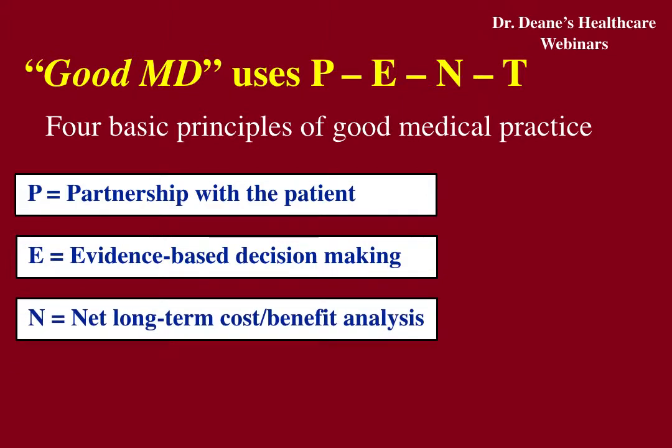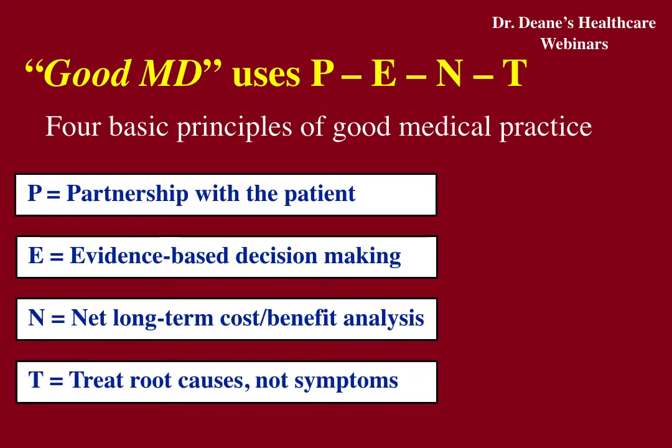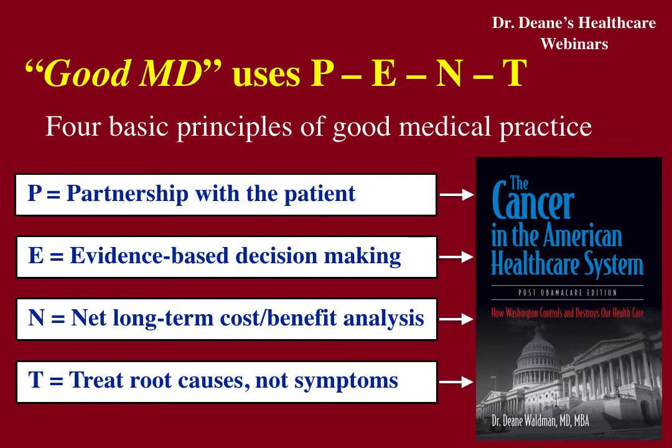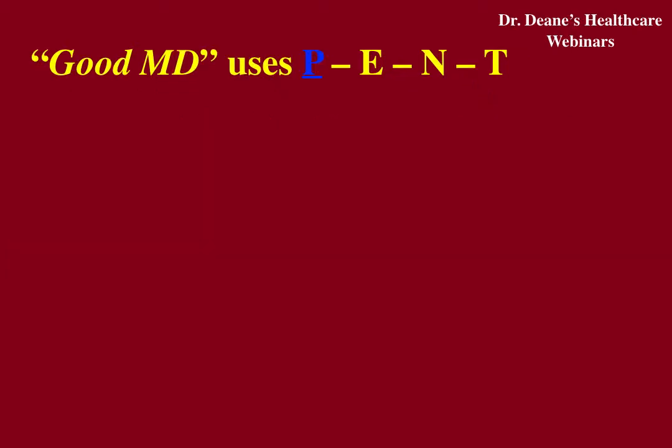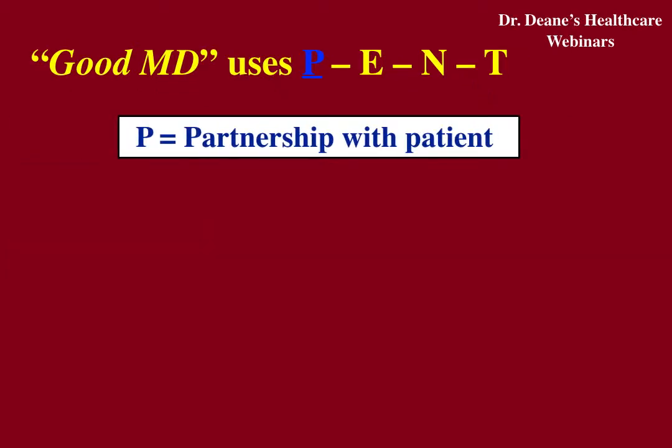The third is what I call net long-term cost-benefit analysis, and by that I mean the cost as in money, long-term, the cost as in risks, and the benefits that the patient will receive from whatever you decide together to do. And most important, T stands for treat the root cause of the patient's illness and not the signs or symptoms. This is all laid out, and I urge you to read it in that book called The Cancer in the American Healthcare System.